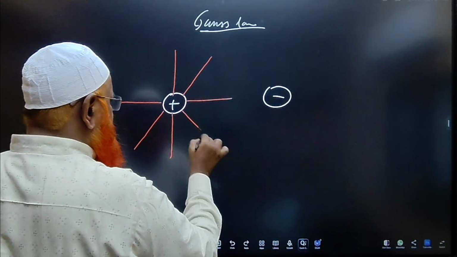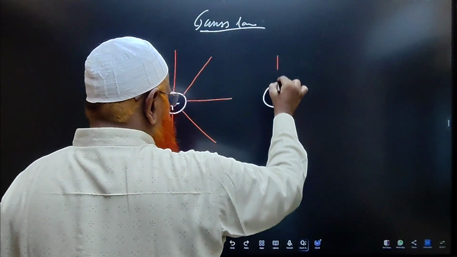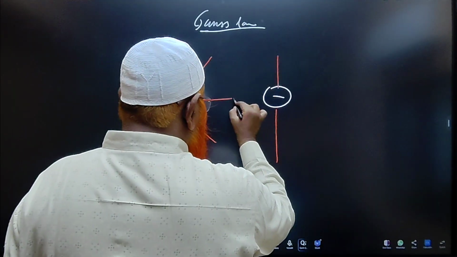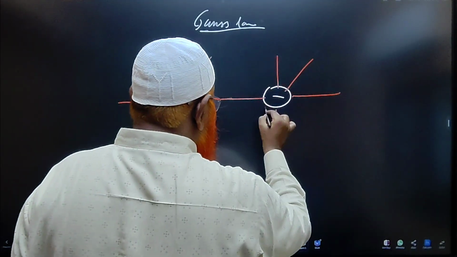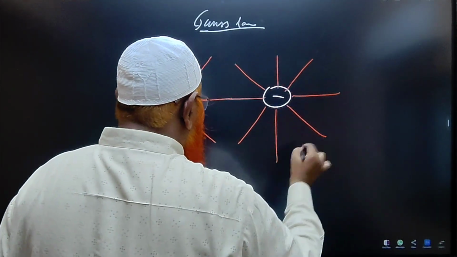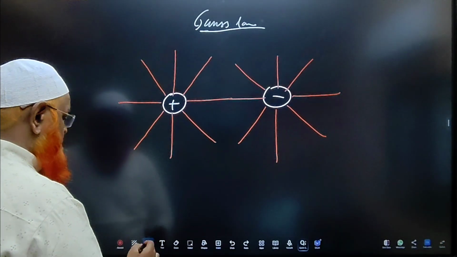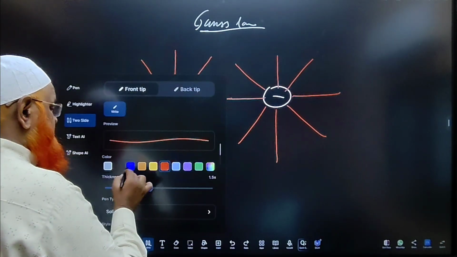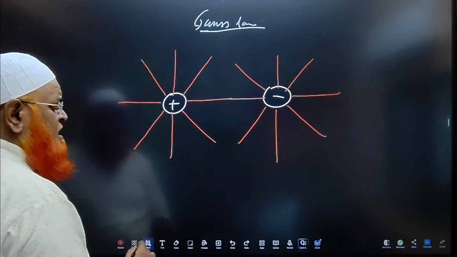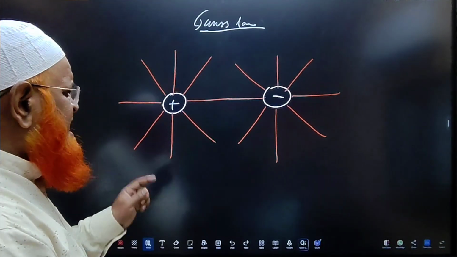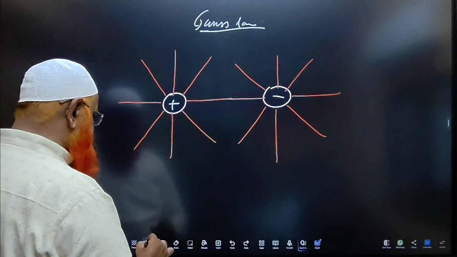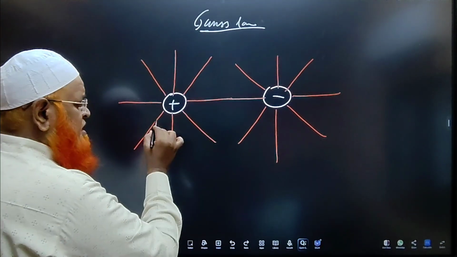Electric lines of flux are drawn like this here, and here also. What is the meaning of these electric lines of flux here? You should understand why we are drawing electric lines of flux.